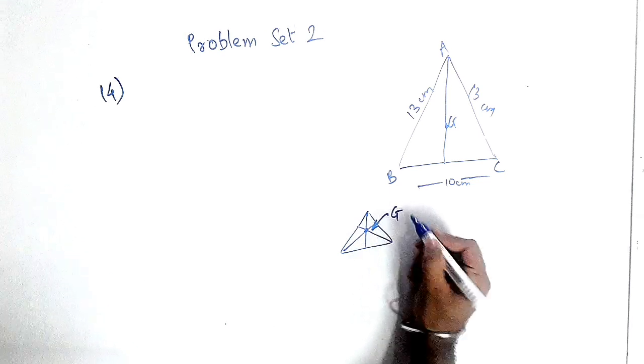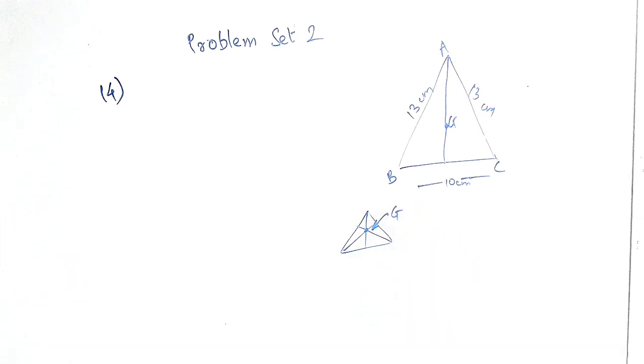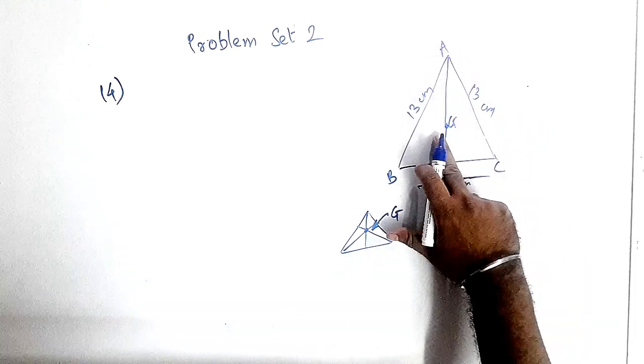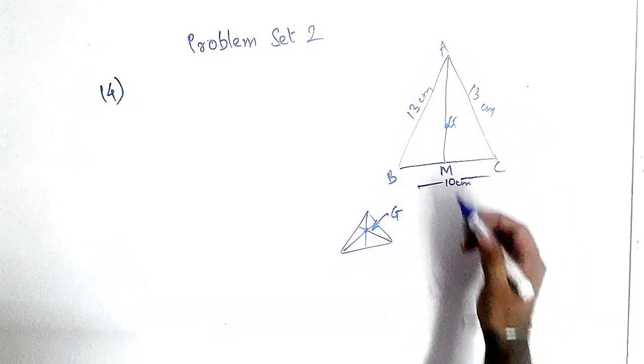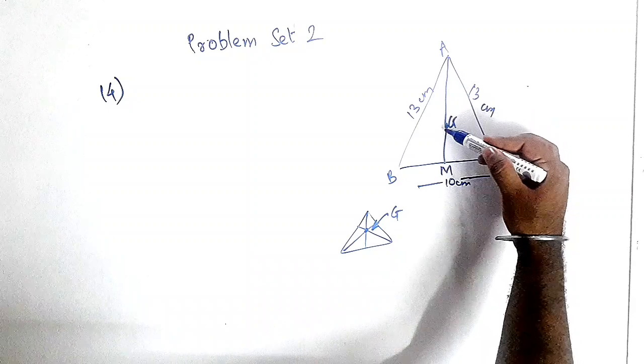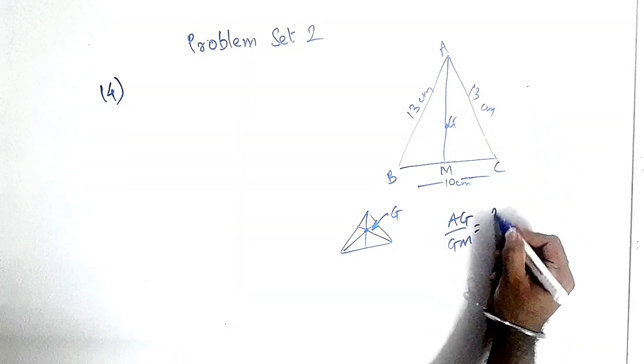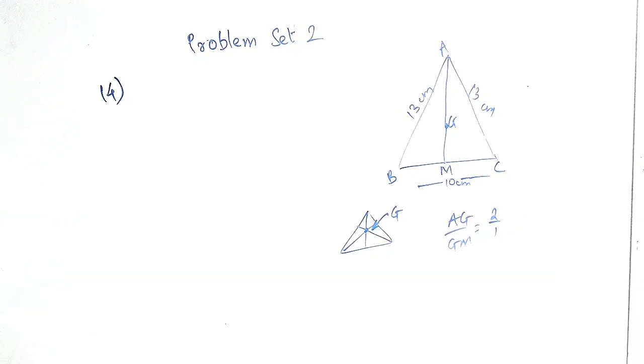This is called centroid, generally denoted by letter G, and the ratio is always fixed. Like here G is the centroid, so AG upon GM will be in the ratio 2 upon 1. So this thing you have to remember.